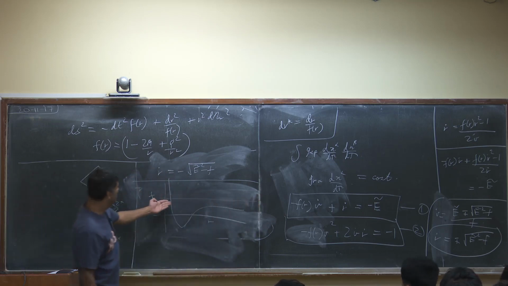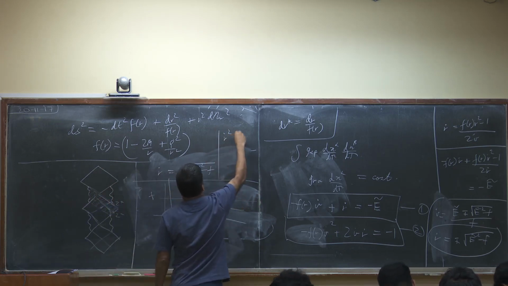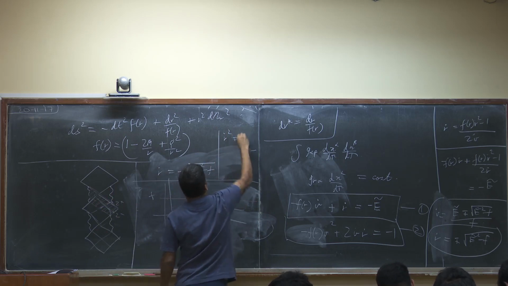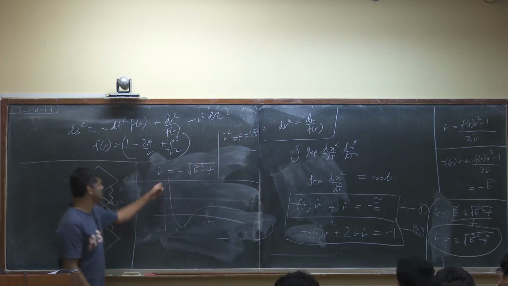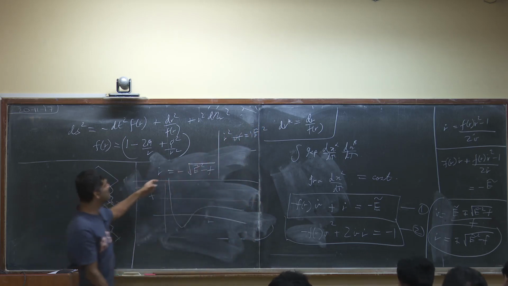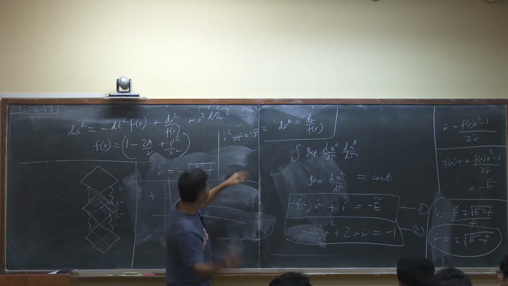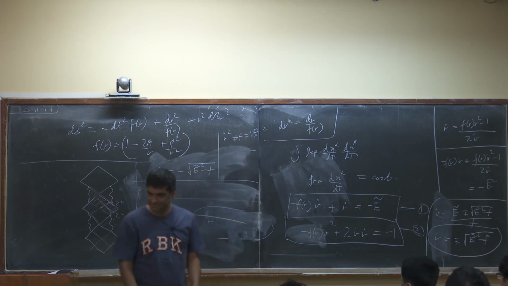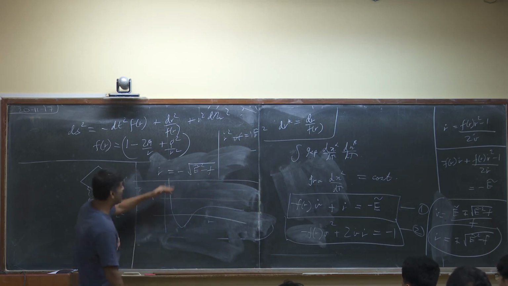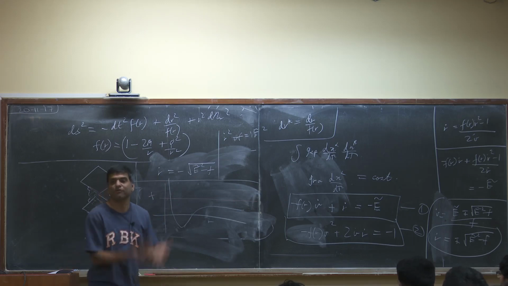So what do we have? We can write this equation as r dot squared plus f is equal to e tilde squared, just by squaring. So this is the motion of a particle of mass, whatever, 2 or something like that, moving in a potential f with energy e tilde squared. Clearly when f exceeds e tilde squared, the particle can't go further.